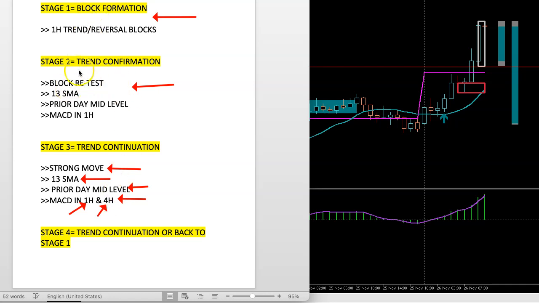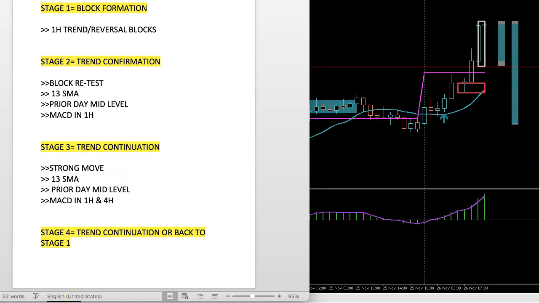During stage 1 and 2, the MACD on 4 hours, especially after a strong trend, usually is not going to be below or above the line. Sometimes it could happen, but if it's not like that, it's okay. We're only going to make sure on trend continuation that the MACD on 4 hours is going in our direction, so we know that we are continuing with that trend. That's very tricky, so you have to look at it to make sure this is going in our direction.